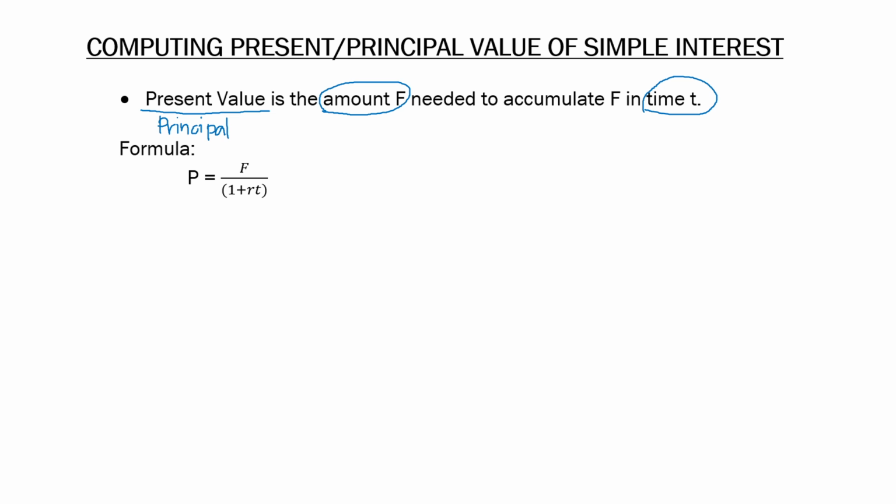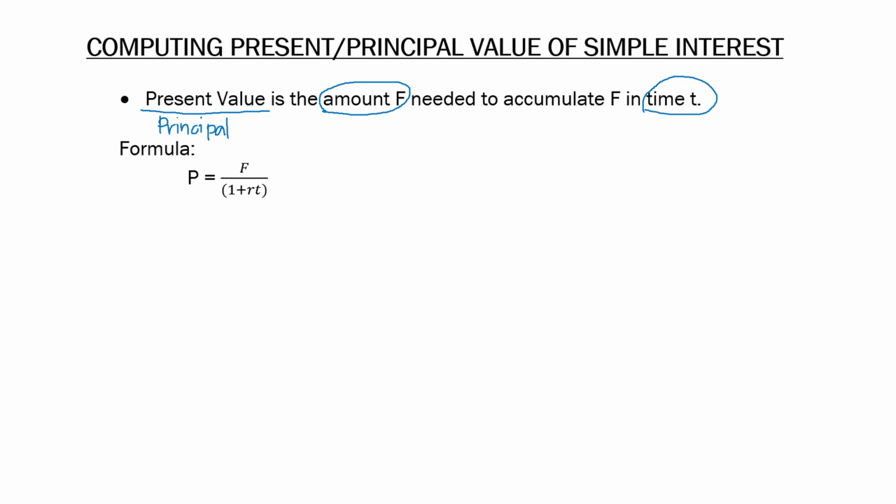So for the formula in finding the present value or the principal, P is equals to F all over 1 plus RT. So asa diay gikan?